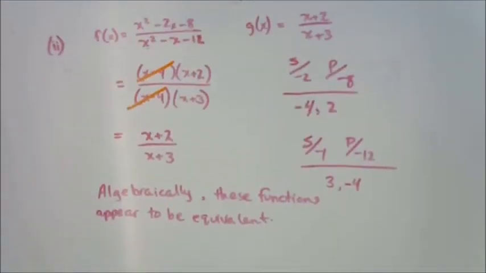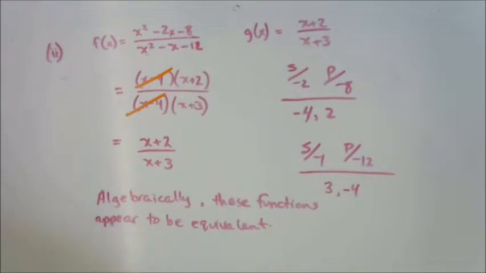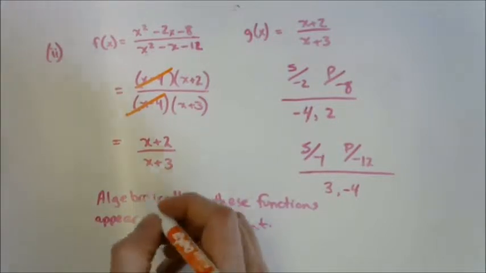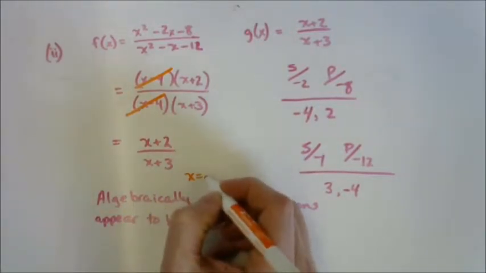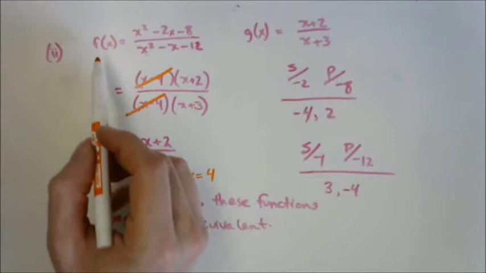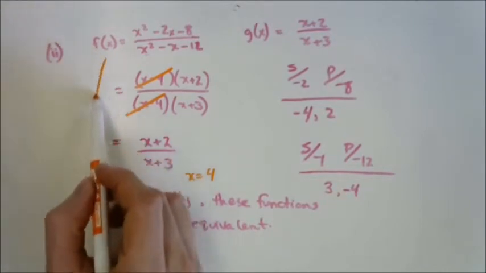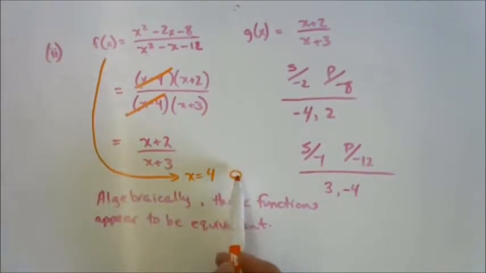So when you graph these two functions on Desmos, they look identical, they look exactly the same. They both have asymptotes at x equals negative 3, but when you zoom in on x equals positive 4, on the function f of x, you realize that there's actually a little gap right there.